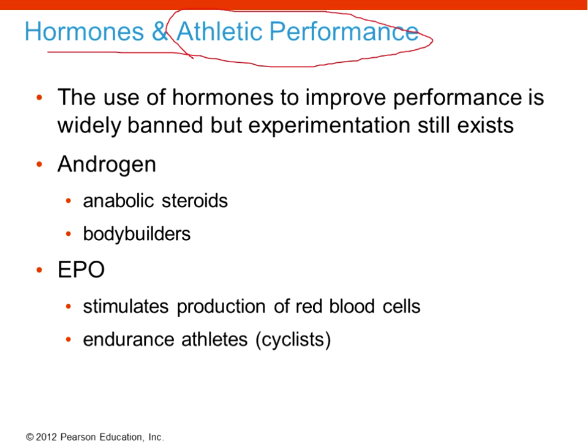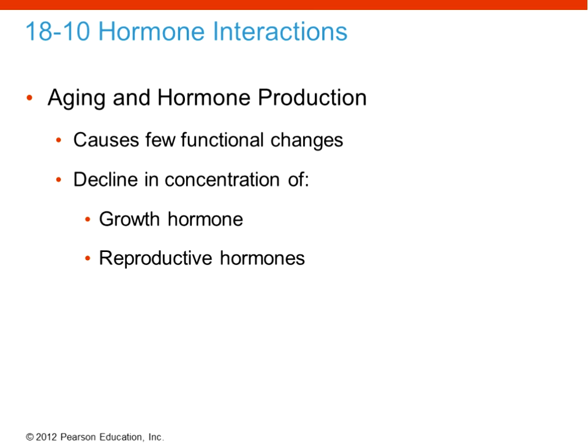EPO is erythropoietin. You can use that to stimulate red blood cell formation. Endurance athletes would use that, like Lance Armstrong used EPO to stimulate red blood cell formation, which is going to give them higher oxygen carrying capacity, which is going to allow them to exercise aerobically for greater periods of time.